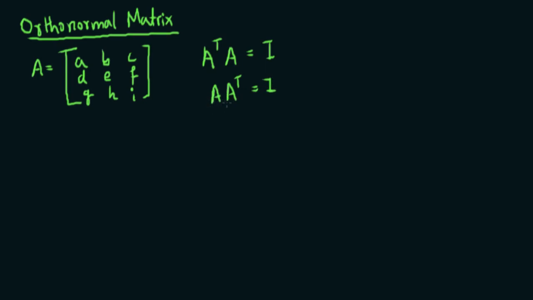Do you know why this is so? Because we can write A as A transpose transpose, times A transpose, and if you compare this with the definition, you can see that A transpose is orthonormal, right?